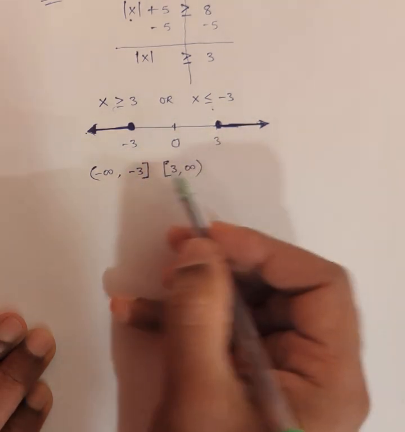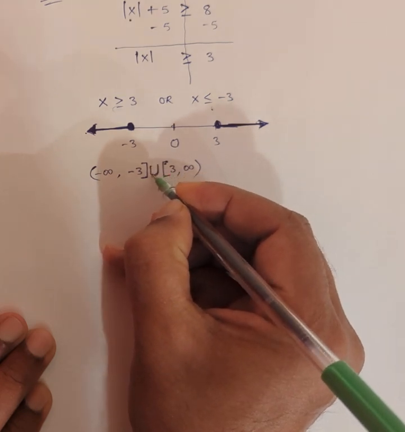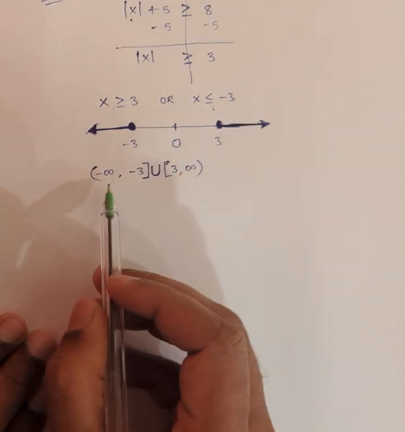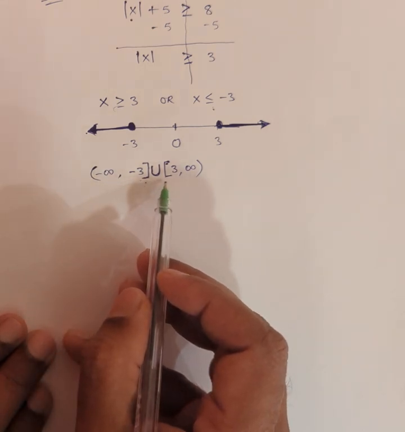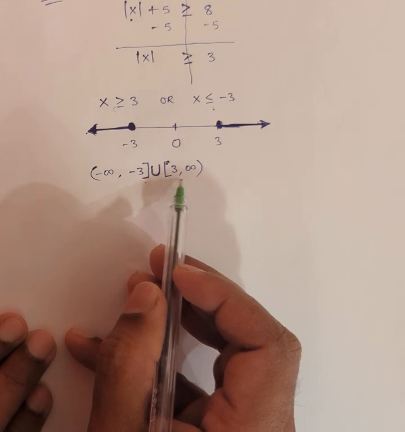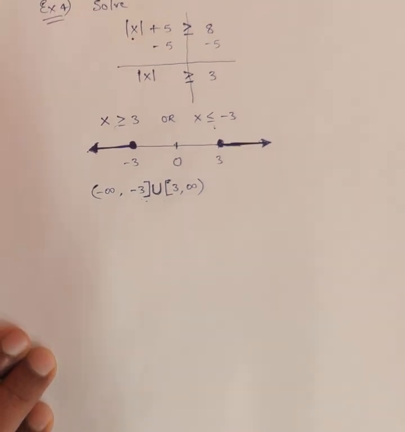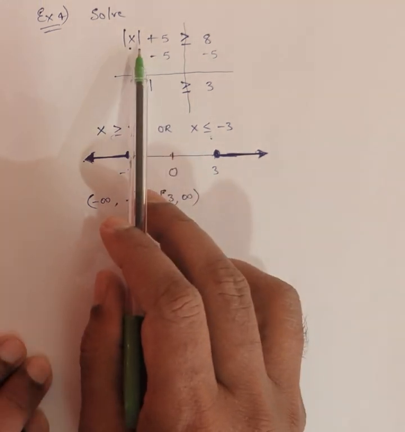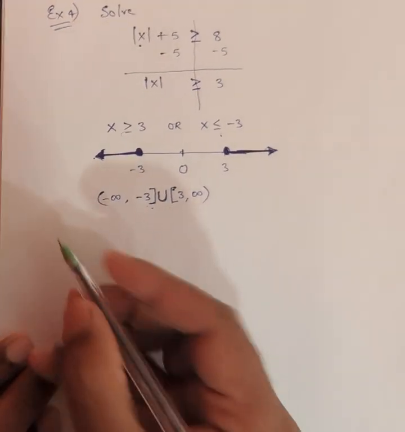And how do you say that we want both of these? With this symbol, union. So you say the solution is negative infinity to negative 3 closed, union closed interval 3 to infinity. All right. So that's what you do when you don't have just the absolute value. You have to go a step further.